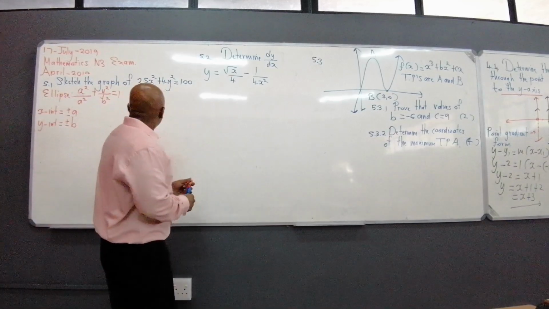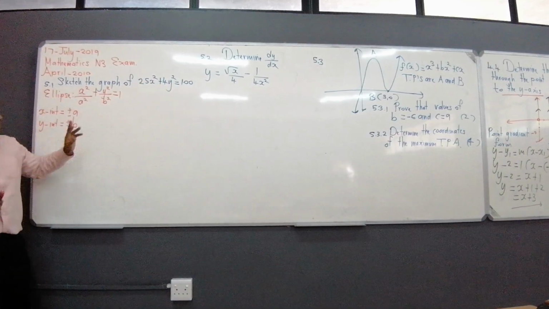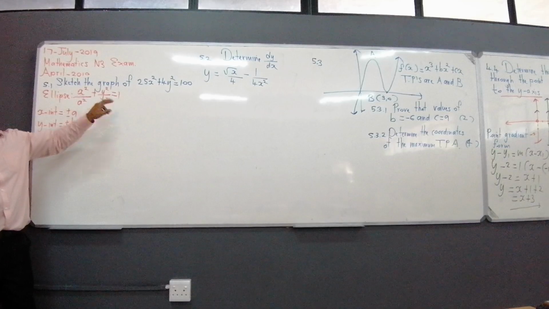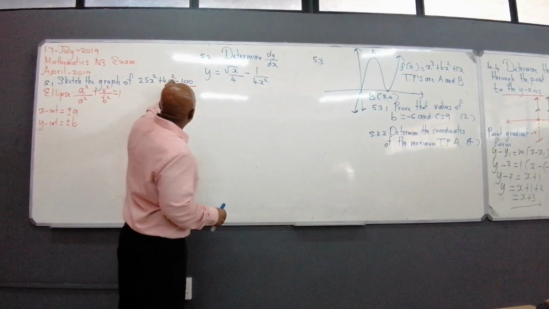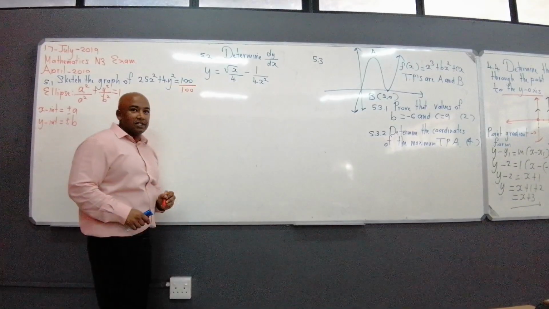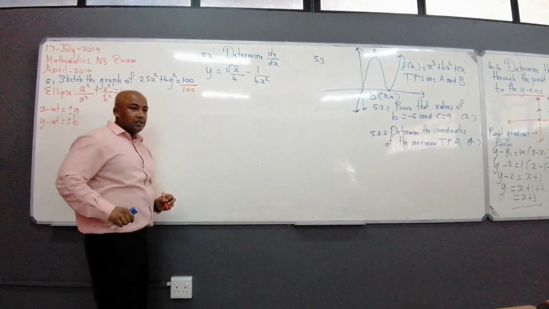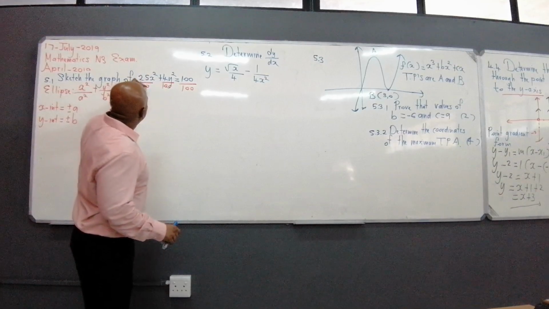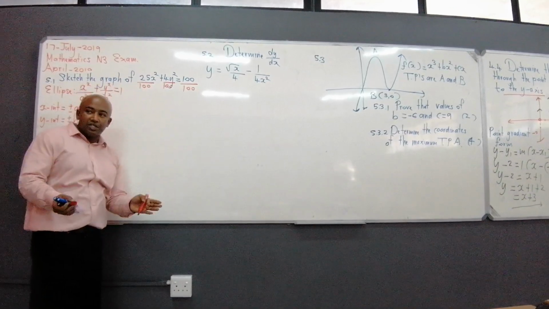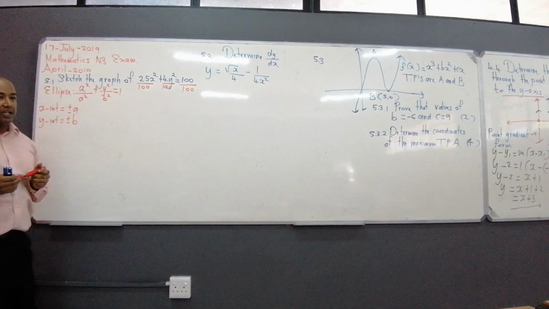If you look at the right hand side, it is a 1 there. Can you see that? So if I divide by 100, 100 divided by 100 is equal to 1. So that's divide by 100, divide by 100. What I'm trying to do is rewrite it in standard form.